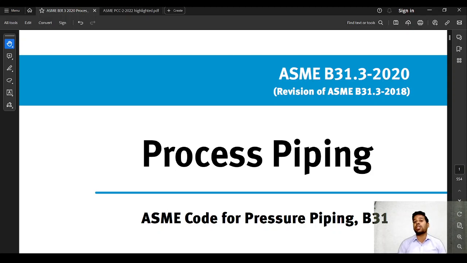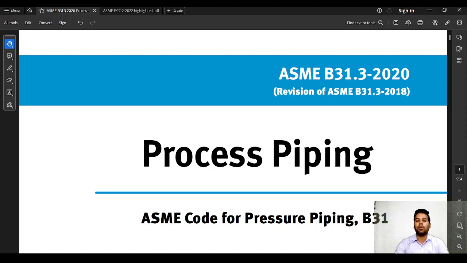That is going to be the original construction code for your process piping system. So when you talk about ASME B31.3, only 40 to 50 pages are important when you are studying with respect to the API 570 examination. But if you just want to learn about process piping systems, in that case the entire code is going to be very much important, because this will tell you about the procedural requirements that have to be followed when the original construction of the piping system is getting carried out.